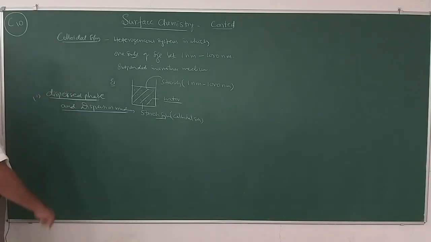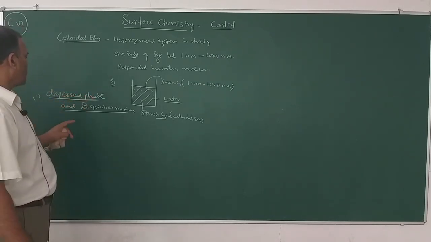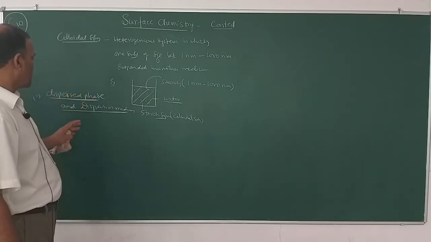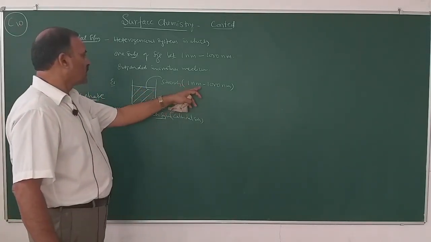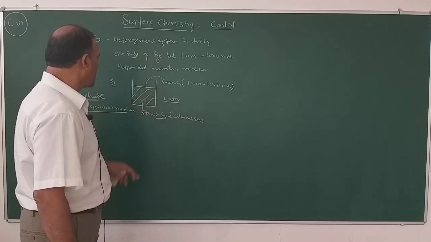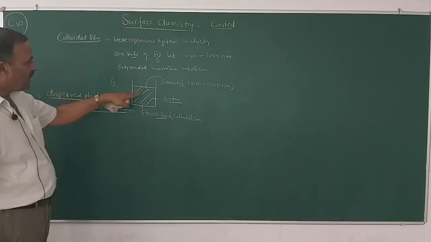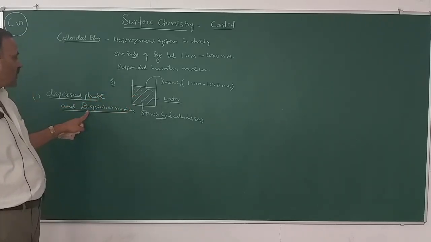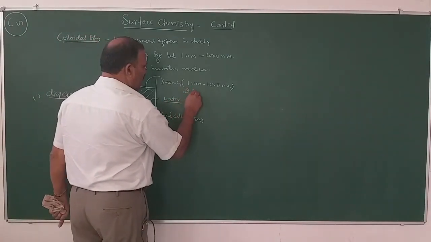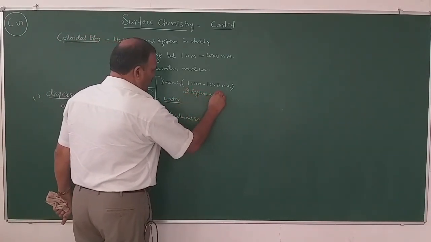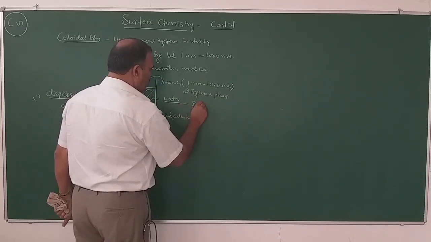The substance of size between 1 nanometer and 1000 nanometer distributed in another medium is called the dispersed phase, and the medium in which it is distributed is called the dispersion medium. Here starch is the dispersed phase and water is the dispersion medium.